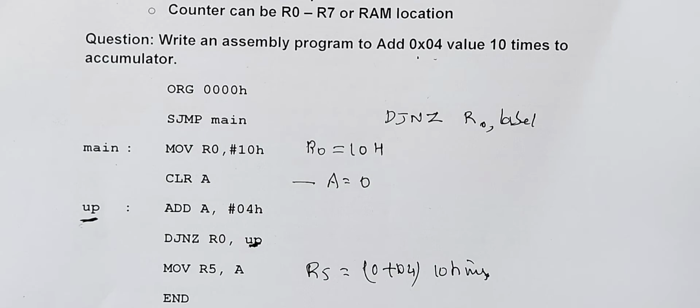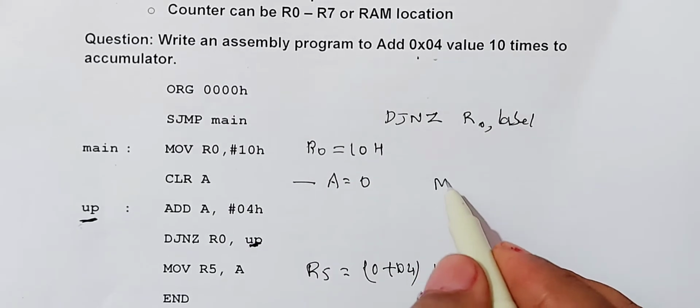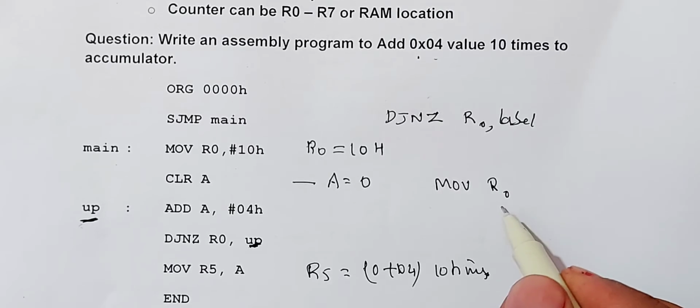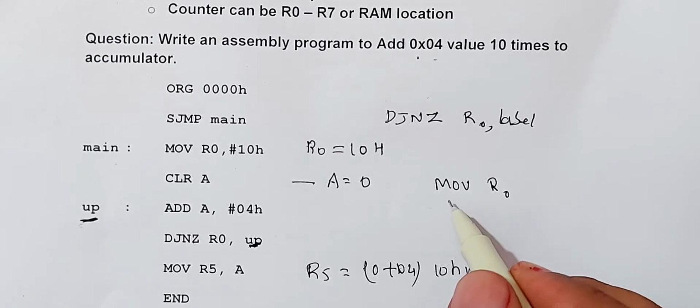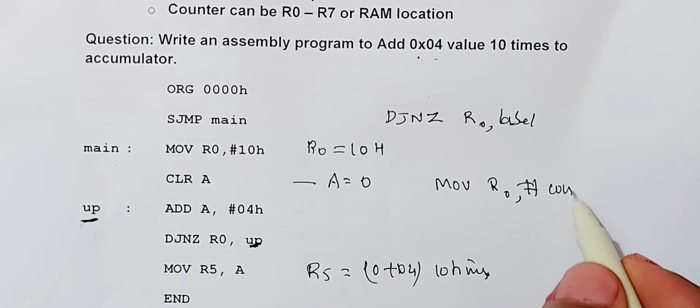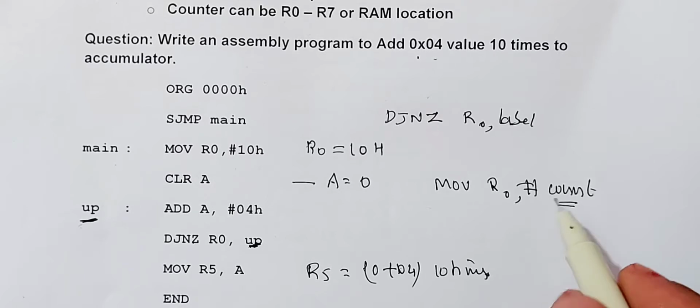Actually, you can take any register R0 to R7 for the looping instruction, and you have to load the count of repeating, how many times it has to be repeated. You load it into any register from R0 to R7 by the instruction MOV R0, #count. How many times you have to repeat, that is called the count.